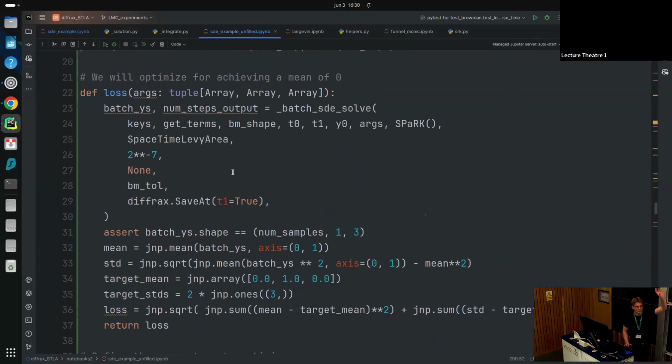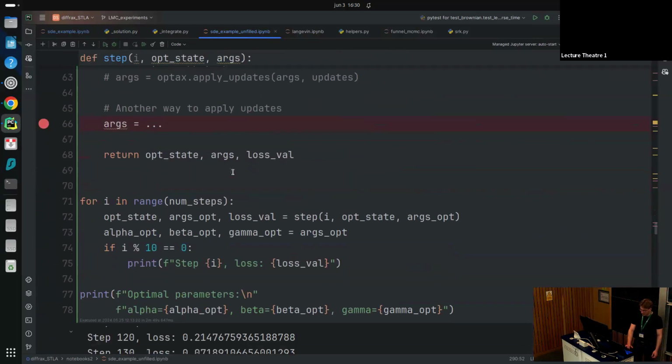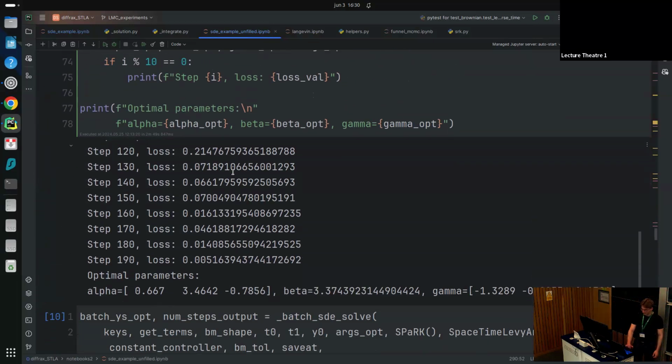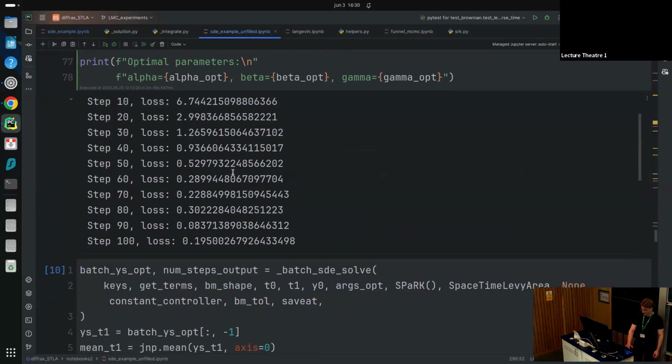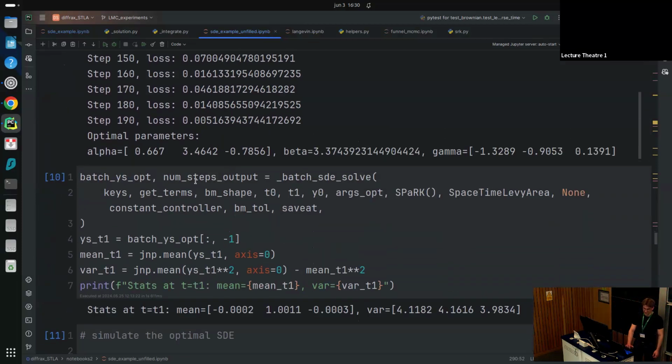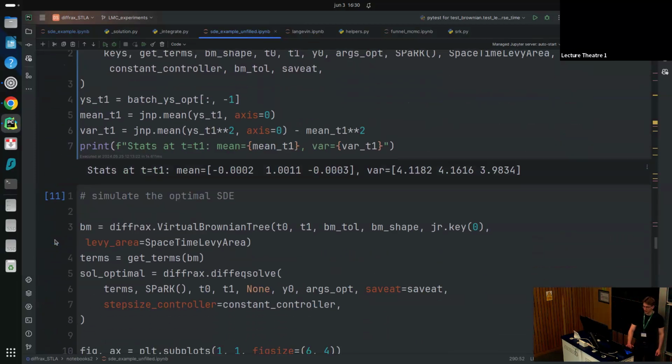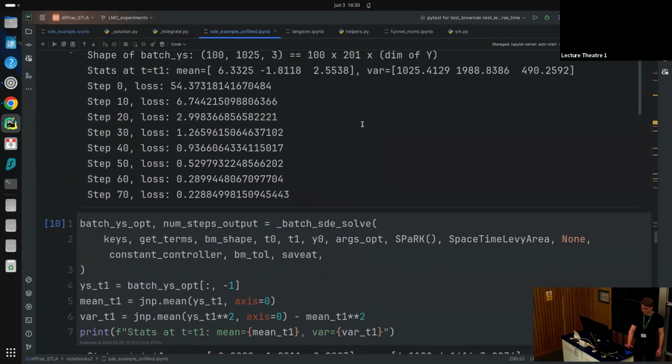Everything that we are doing now, it goes back and looks at how the outputs are influenced by the parameters alpha, beta, and gamma, and optimizes it, and the loss goes down, and you find the right parameters. And then you see that now the mean and the variance match what we wanted, whereas before at the start they were just all over the place.